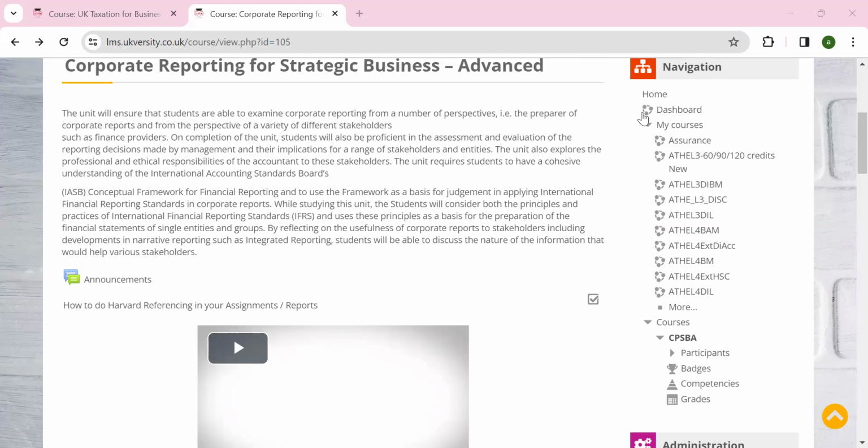Here are the F7 resources, which are all covered. Yes, so you can pick questions from there.